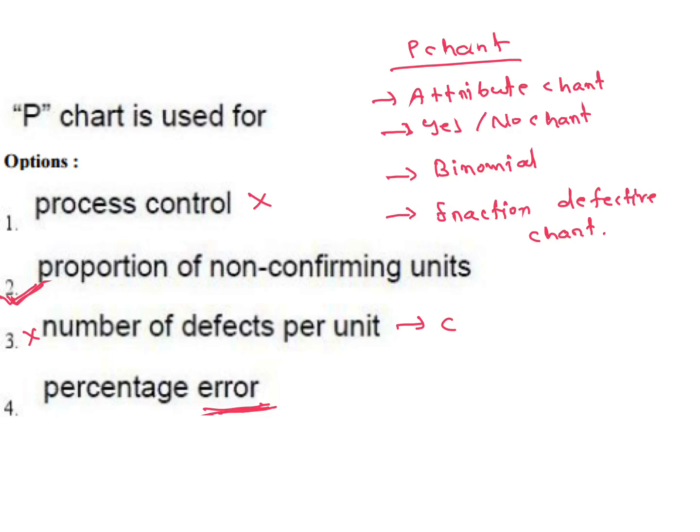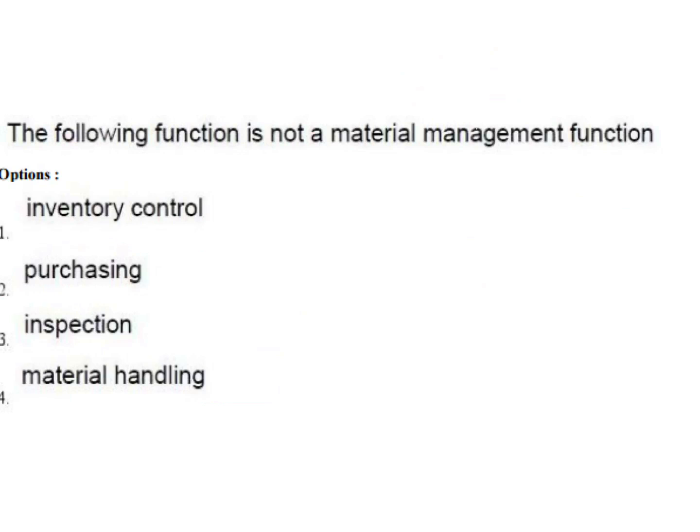The following function is not a material management function. The material management department does inventory control, purchasing, inventory control or store control also, inspection also, vendor inspection also. Material handling, no, they are not doing the material handling.